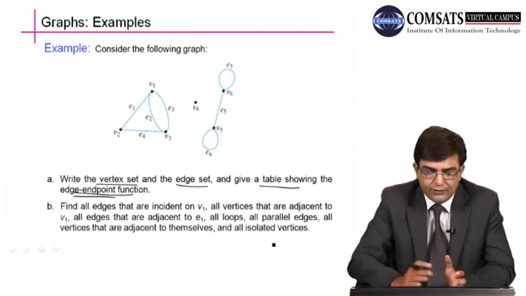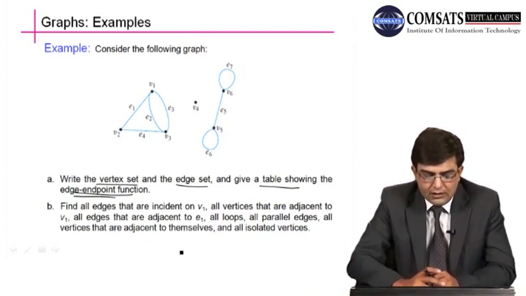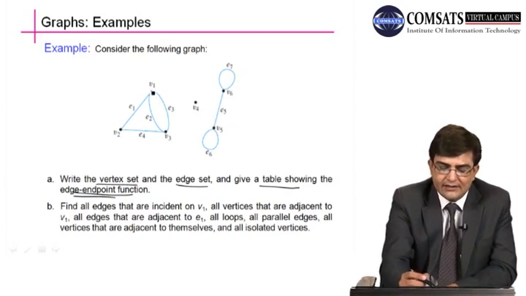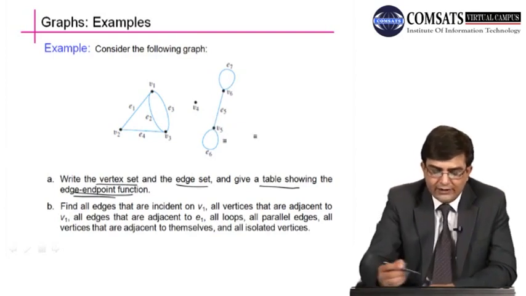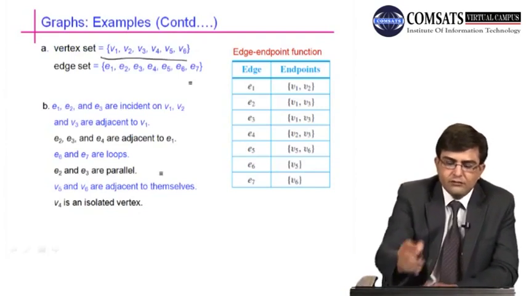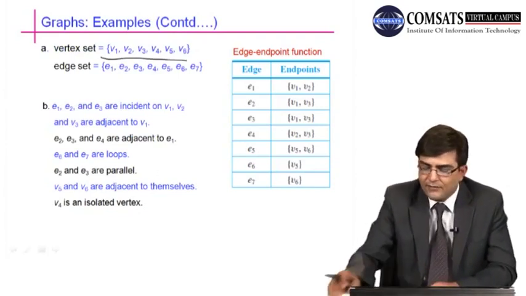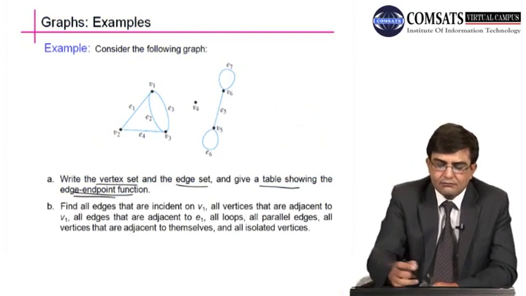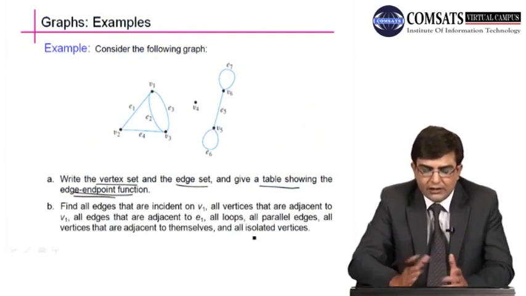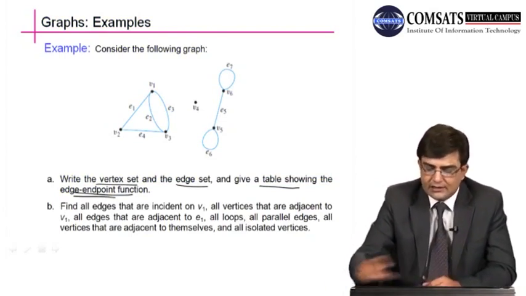According to this graph we have to answer this question. So the vertex set is basically how many vertices are there in this graph: V1, V2, V3, V4, V5, V6. The edge set is basically all the edges which are drawn here in this graph.